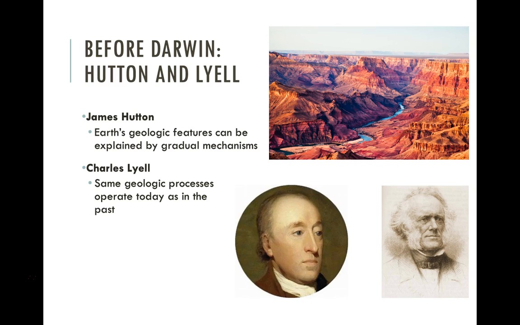So the Grand Canyon is a great example. That wasn't carved out in a single day. It would have been formed by millions of years of the Colorado River running through this region.